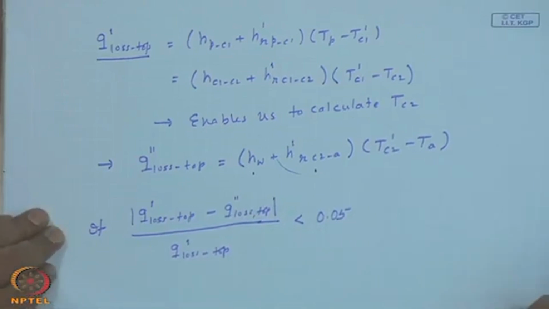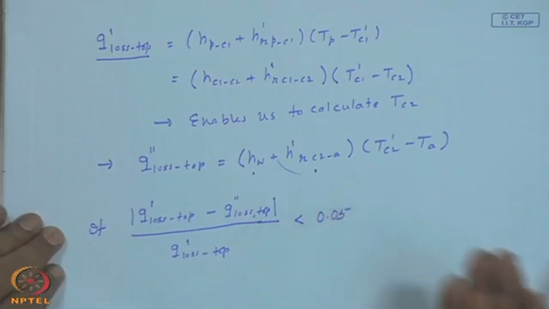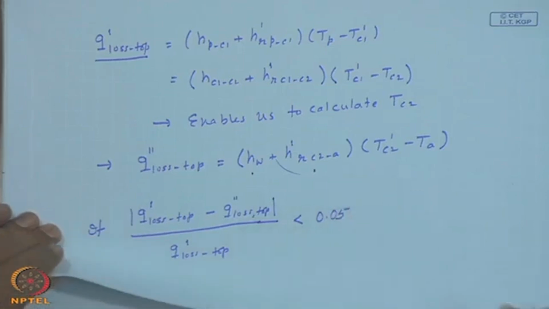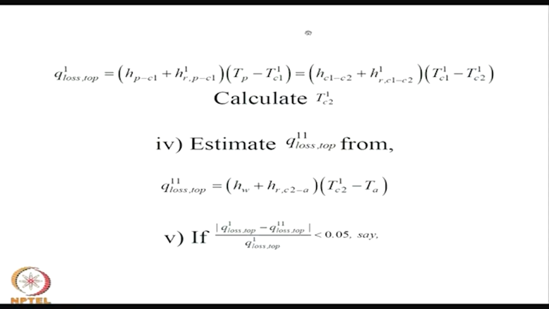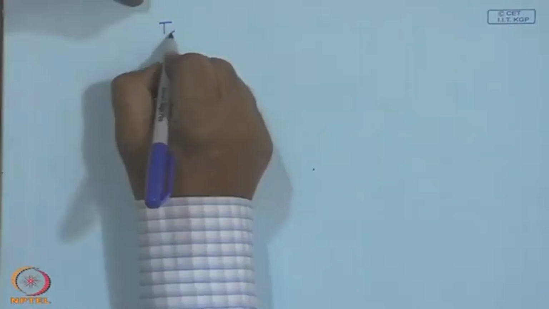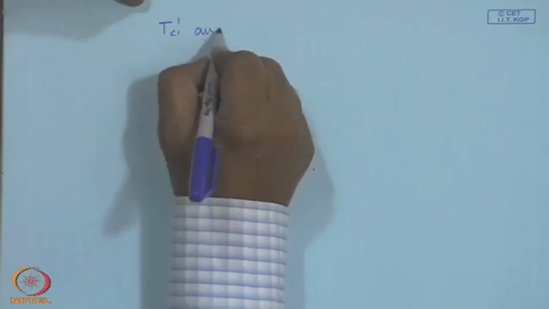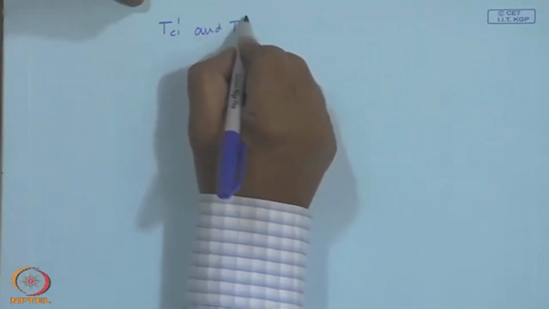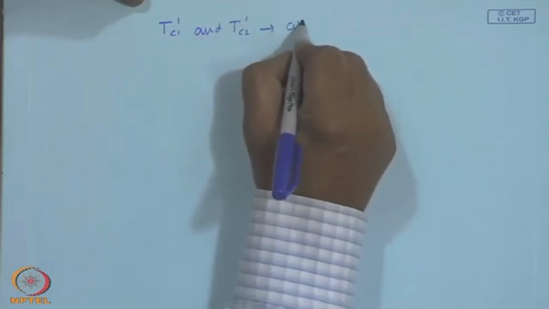As a consequence, these two should not differ by more than 5%. I may set it as 2% or 10% depending upon the accuracy that we need. If this is satisfied, T C 1 1 and T C 2 1 are acceptable.